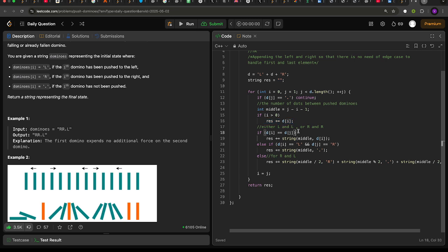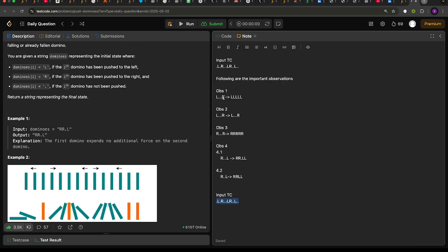If di equal to dj, means both the push dominoes are the same, either left and left or right and right. In that case, I'm just converting them to the one which they are equal to. So over here, if they are left left, I'm converting all of them to the left. If they are right right, I'm converting all of them to the right.